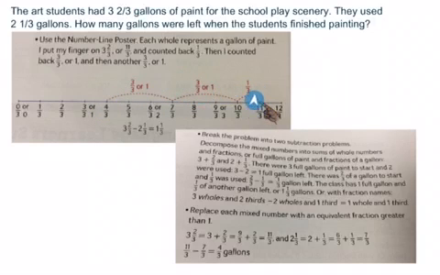So if I'm here on the 11/3, and remember I got to that from 3 2/3 because each of the 3, let me just write this out to the side for you.